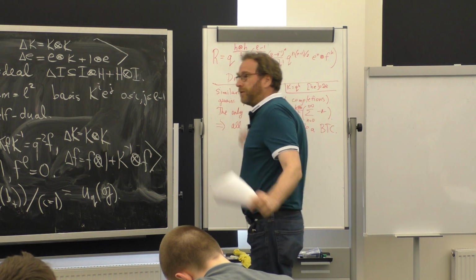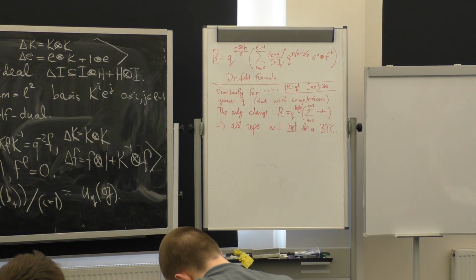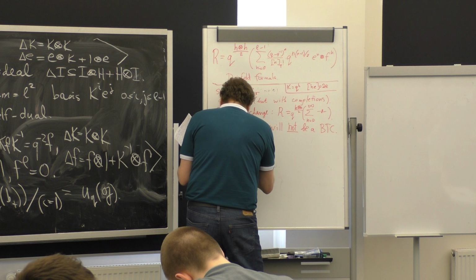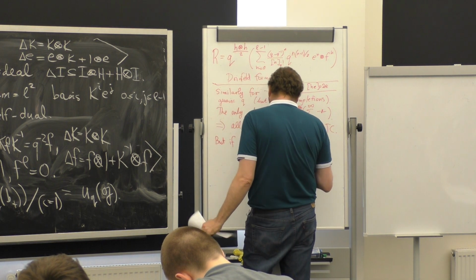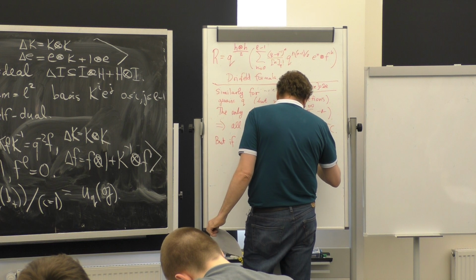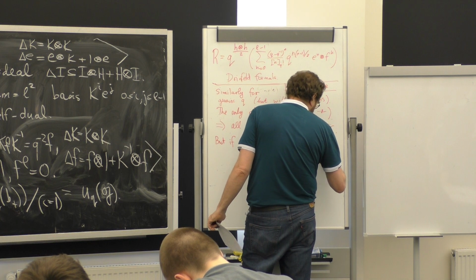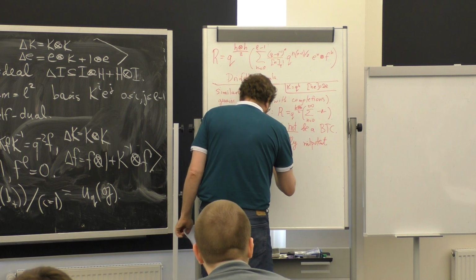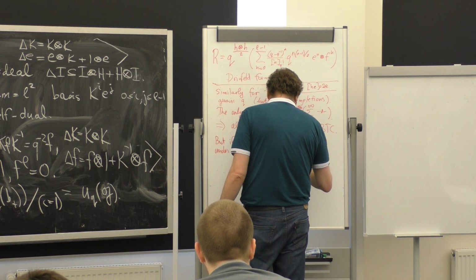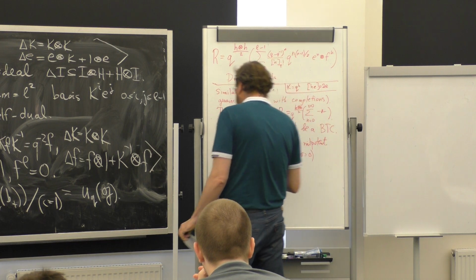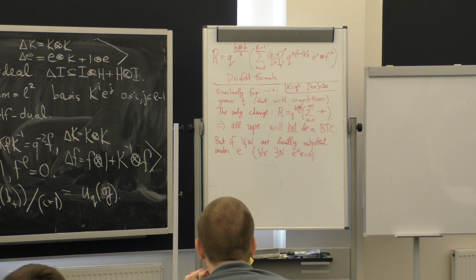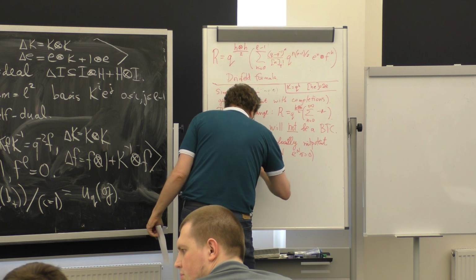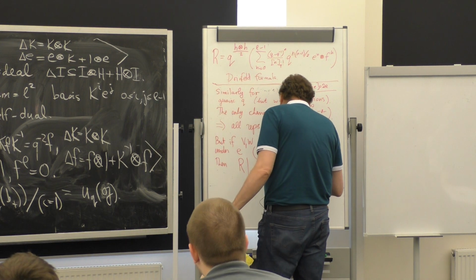However, we don't care about arbitrary representations. We care usually about some nice representations, such as finite dimensional or category O. But if V and W are locally nilpotent under E, which means that for every vector v, there exists n such that e to the n times v equals 0, which includes finite dimensional representations and representations from category O, then R restricted to the tensor product of such representations makes sense.